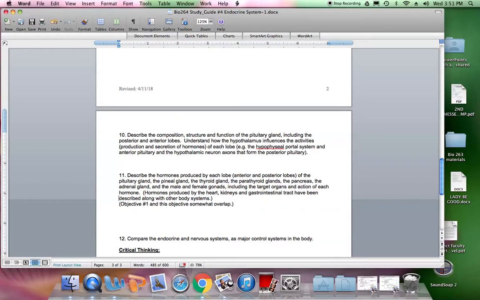Then the pineal gland. We didn't talk too much about that in class, but the pineal gland produces a product known as melatonin, and melatonin will control the sleep-wake cycle. Higher levels of melatonin in the blood will make you sleepy.